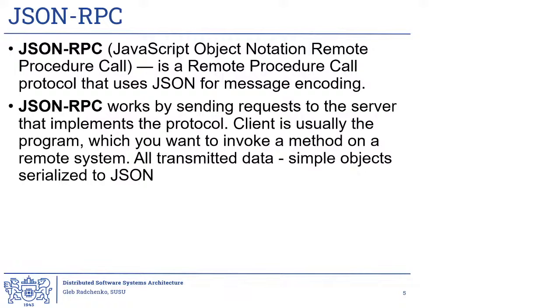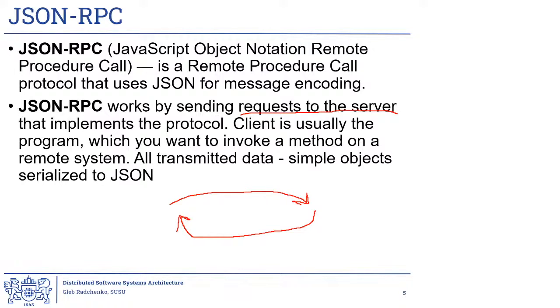JSON-RPC works by sending requests to the server that implements the protocol, and the client is usually the program that wants to invoke a method on a remote system. All transmitted data are simple objects serialized as JSON. So JSON-RPC is based on a two-way communication method.